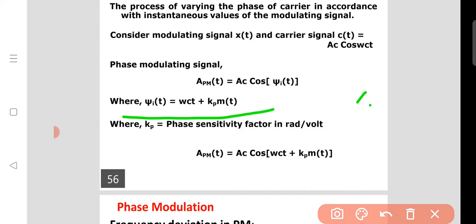That's why kp is a constant, in radians per volt, the phase sensitivity. Then it is written as Ac cos omega ct plus kp m of t. This is the simple relation. This scenario was all discussed in the FM class.